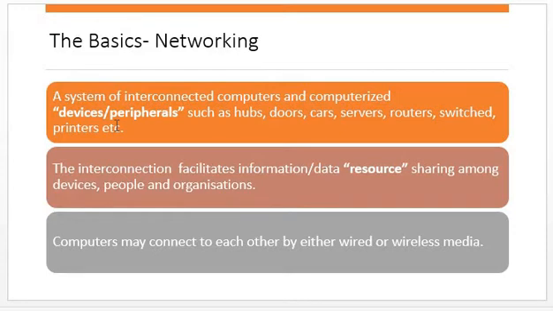And in the computing world, these connections can either be wired or wireless. So our definition now comes in with what? With three things. One, we're saying there's a connection medium which can be wired or wireless. There's resource sharing. Then there are devices.